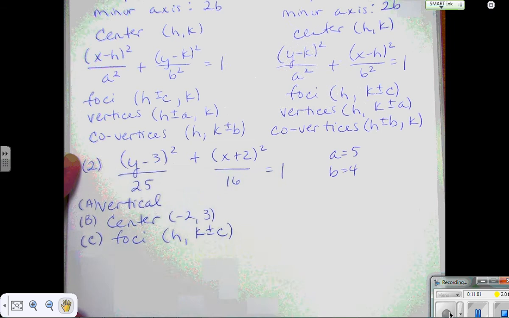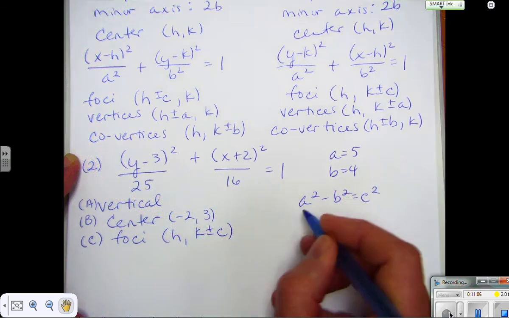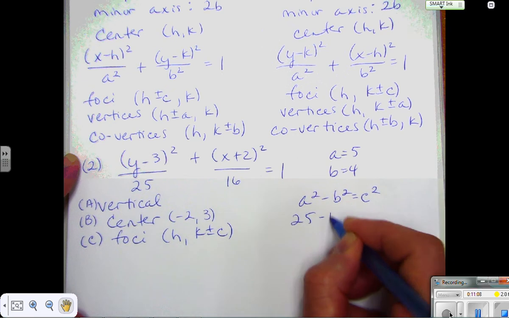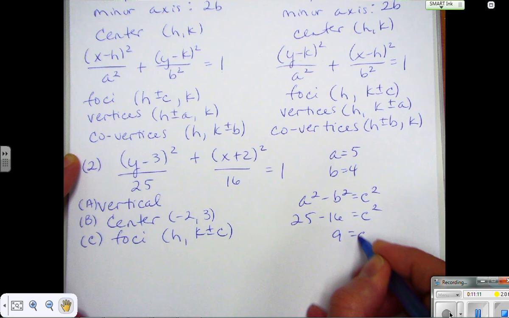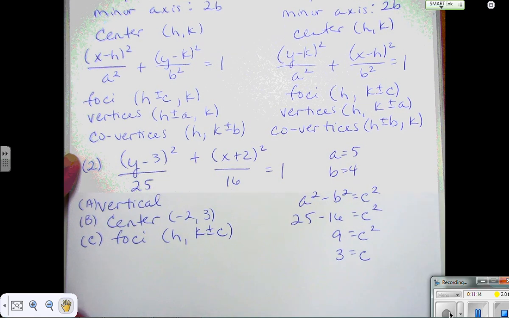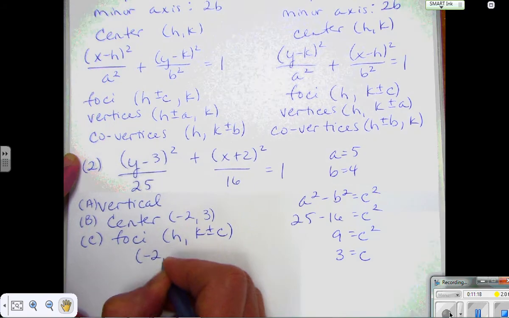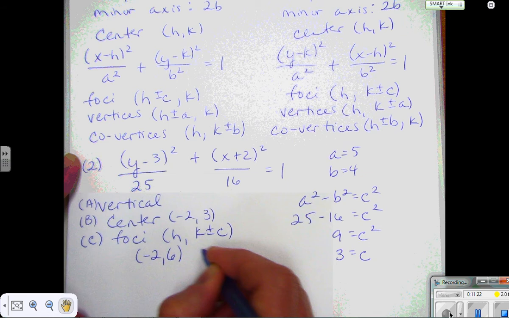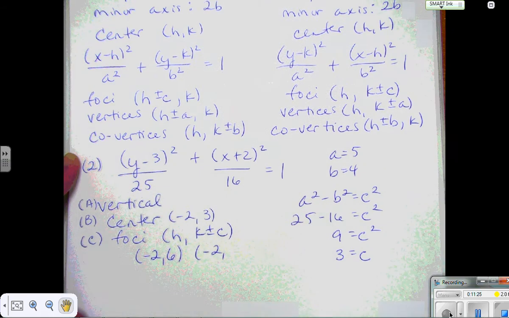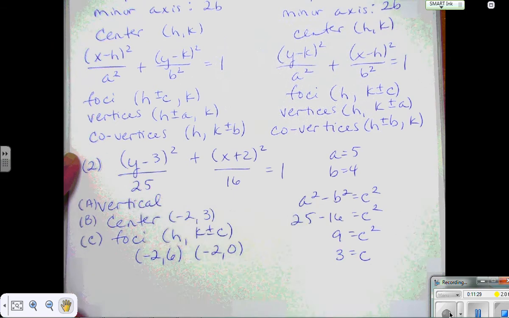So I'm going to use a squared minus b squared to get my c squared. 25 minus 16 is c squared. 9 is c squared, so 3 is going to be c. So my foci points are going to be -2, and then 3 plus 3, which is going to make that 6. The other foci is going to be -2, and 3 minus 3, which is going to make that 0.